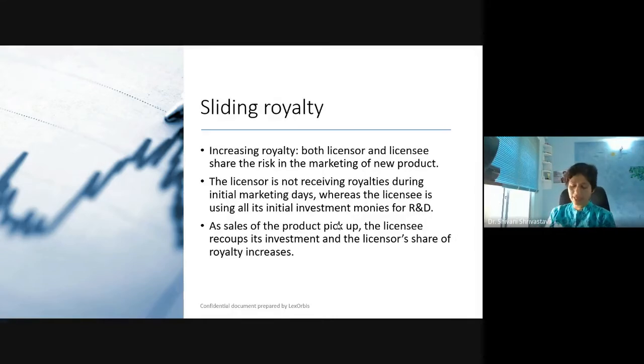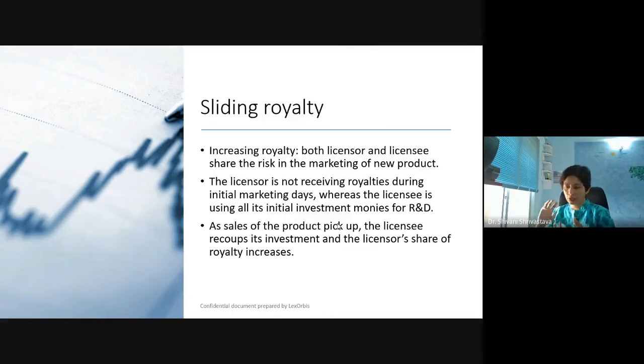Then we can discuss sliding royalty. Royalty can be increased or decreased. First we'll discuss increasing the royalty. We know that the licensor and licensee both are sharing the risk while commercializing the product in the market.